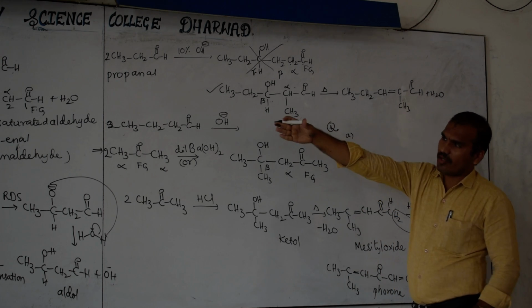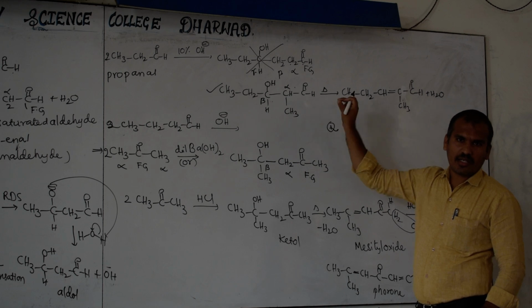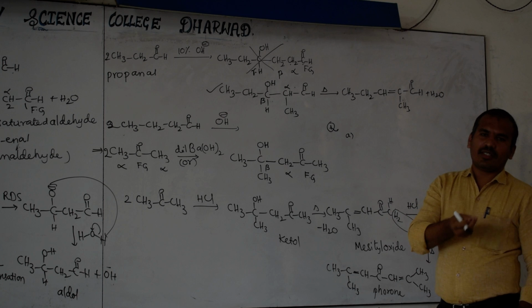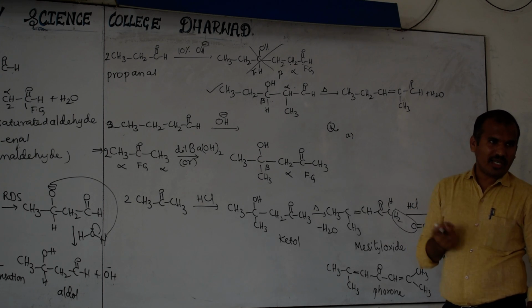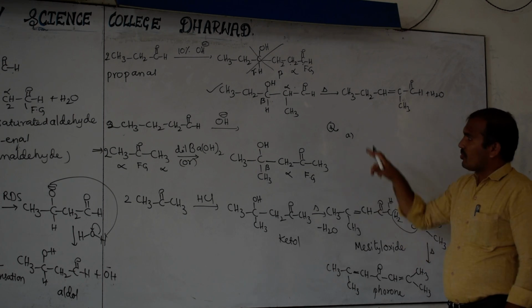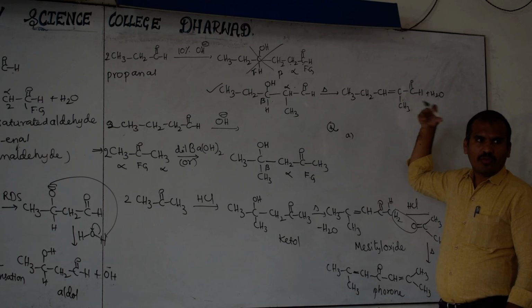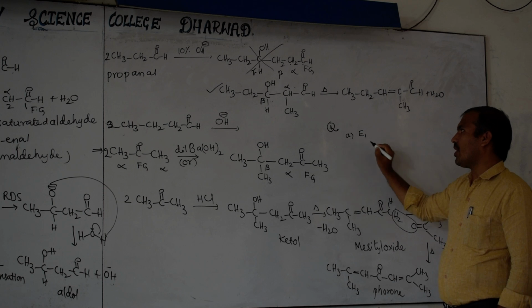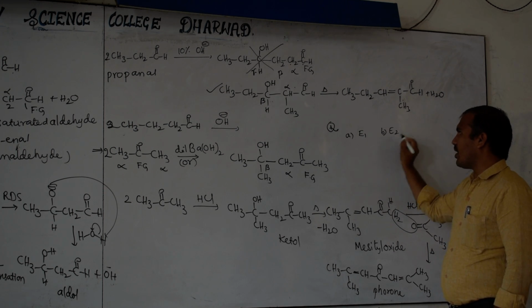In this reaction, whatever aldol condensation, on heating a water molecule is eliminated. Already you studied in the first year or second year, elimination reactions E1, E2 like this. So here elimination is there. Water molecule is eliminated. Which mechanism is this? Option A, E1 mechanism. Option B, E2 mechanism.